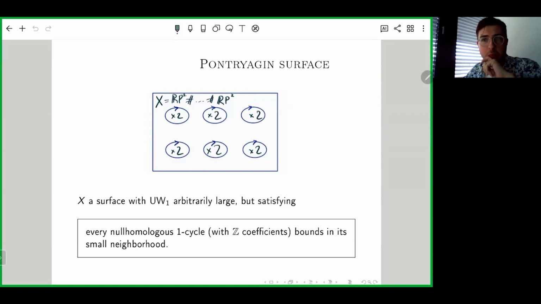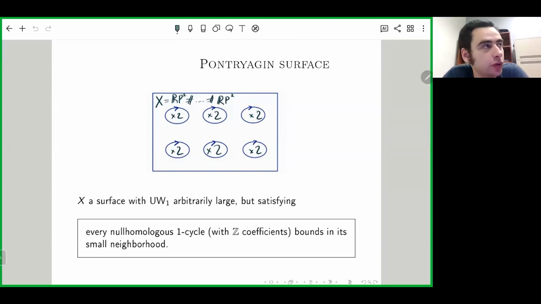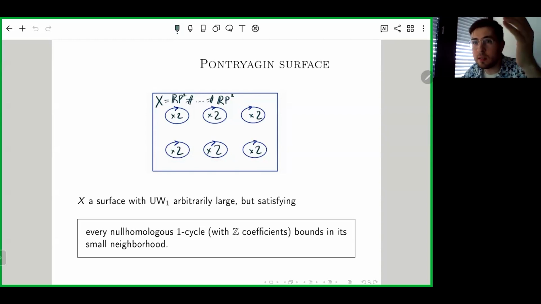Yes. You want to ask me about dimension 3, right? No. So it's a two-dimensional disk, and it has very large Urysohn width, but every cycle can be filled in a small neighborhood. Yes.